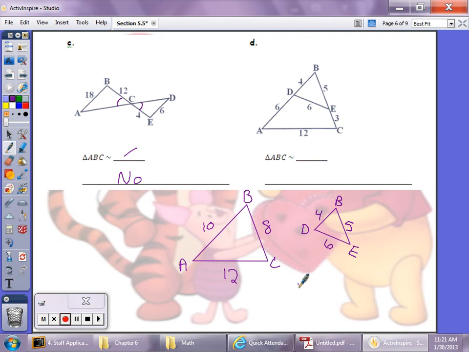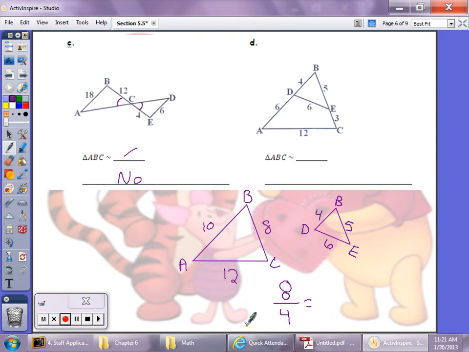So again, remember to match up the smallest side in ABC to the smallest side in DBE. So ABC has the smallest side of 8, and DBE has the smallest side of 4. Now I'm going to match up the middle side.